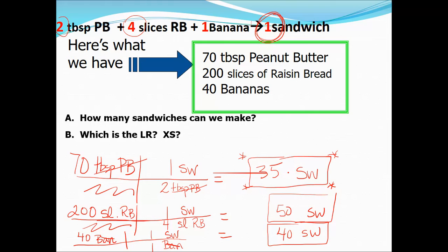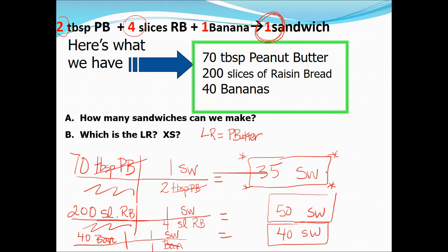So the way that we know who the limiting reactant is, when you convert all of your reactants, all of your ingredients, to the same product, whichever one makes the least amount is your limiting reactant. So you would say that the limiting reactant, I'll say the LR, is the peanut butter, because that's going to run out first.